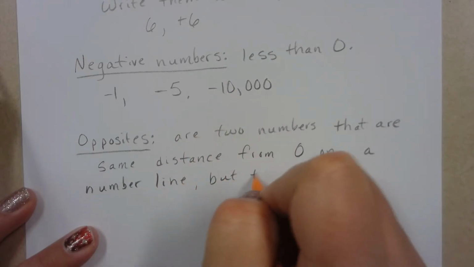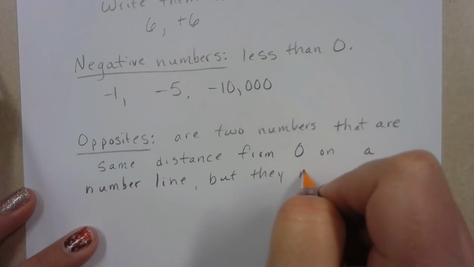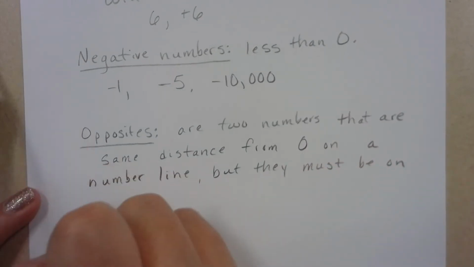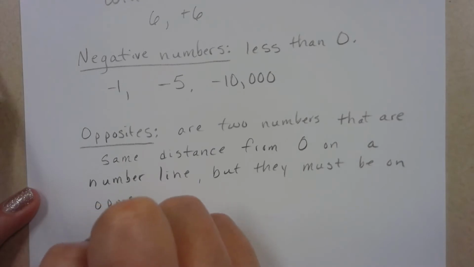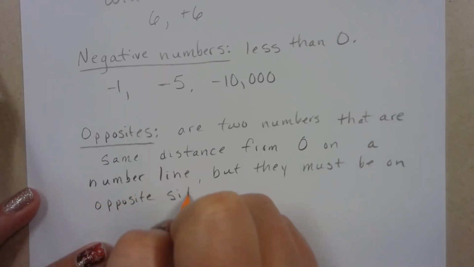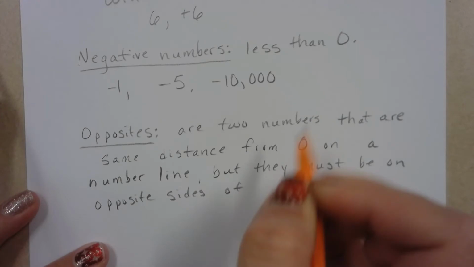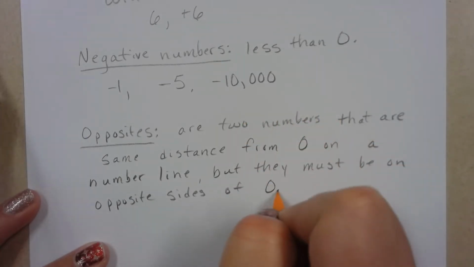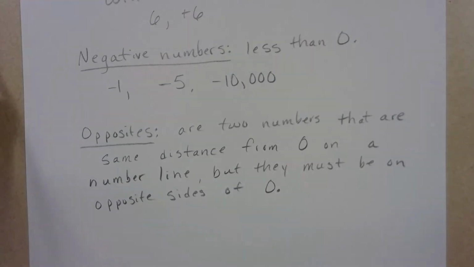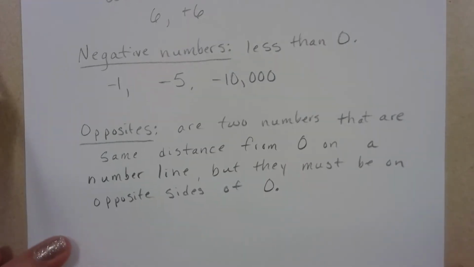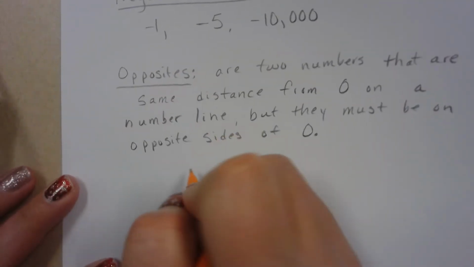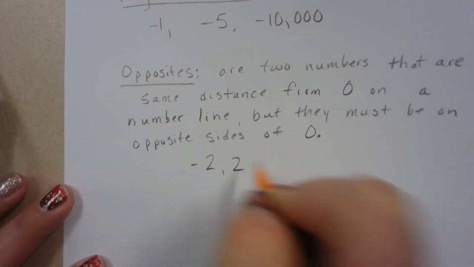But they must be on opposite sides of 0. All right, so if we talk about -2 and 2, they are opposites.